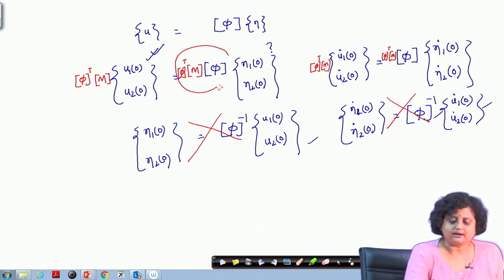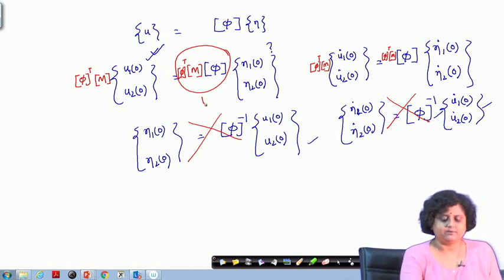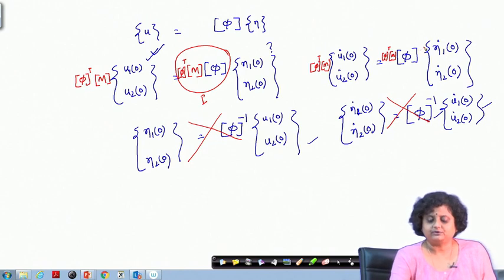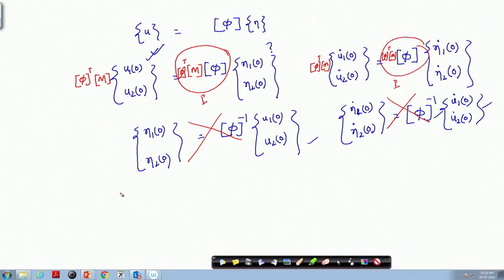Now, this product is nothing but an identity matrix if we have the mass normalized mode shapes. So, this side is gone. Therefore, I will be left with phi transpose m into u1(0), u2(0) is equal to eta1(0) and eta2(0).